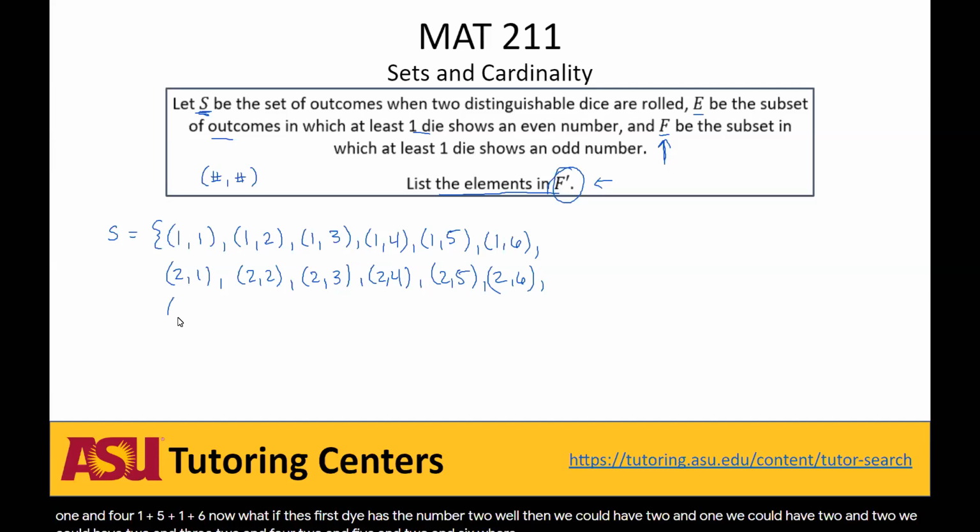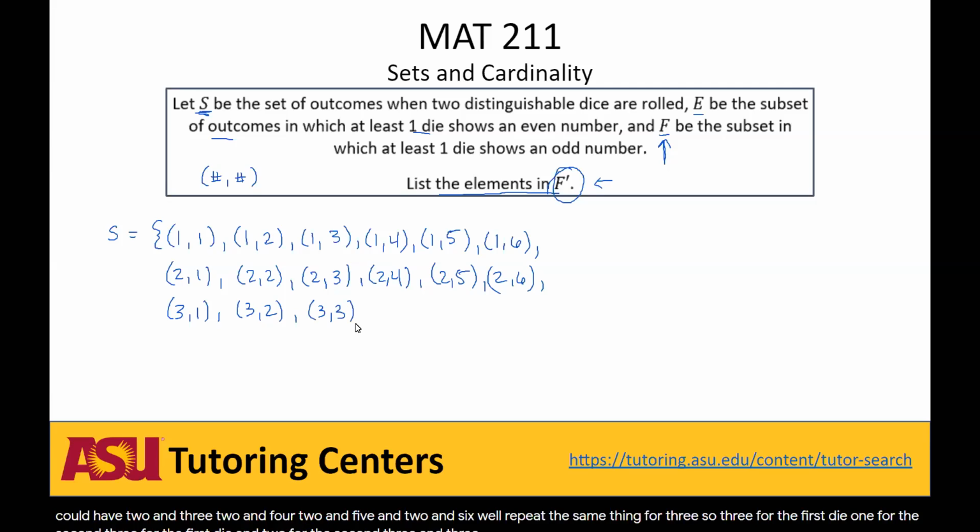Again, we're going to repeat the same thing for 3. So 3 for the first die, 1 for the second, 3 and 2, 3 and 3, 3 and 4, 3 and 5, and 3 and 6.